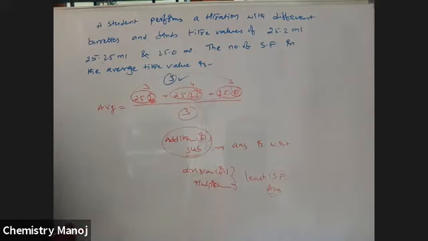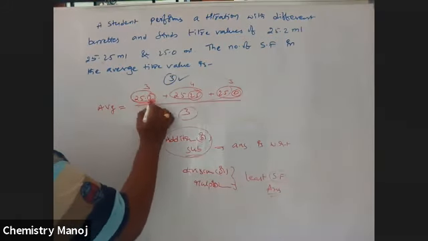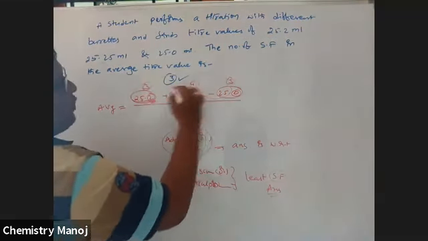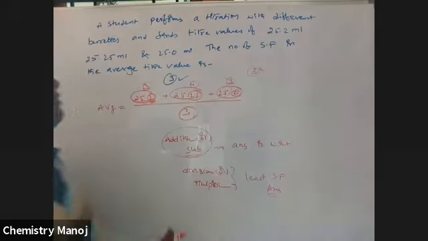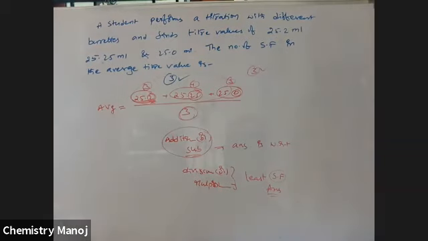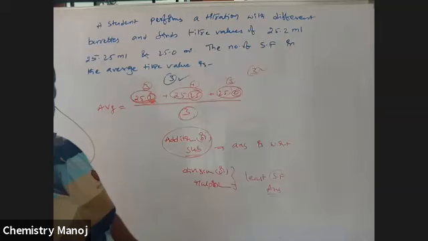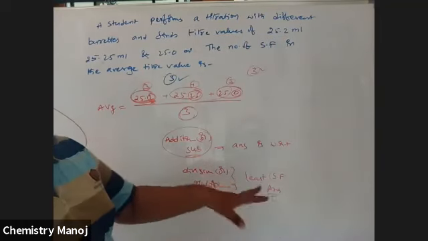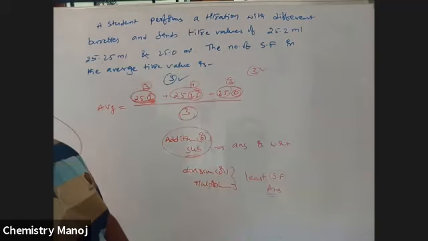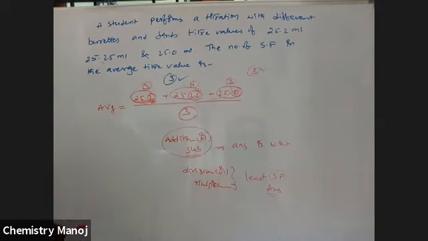The answer should be with the least significant figure. Here the significant figure is 3, here 3, here 4. The least one is 3. The final answer should have 3 significant figures. So no need to calculate. The answer is 3.